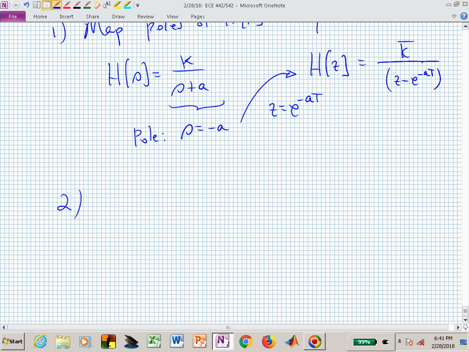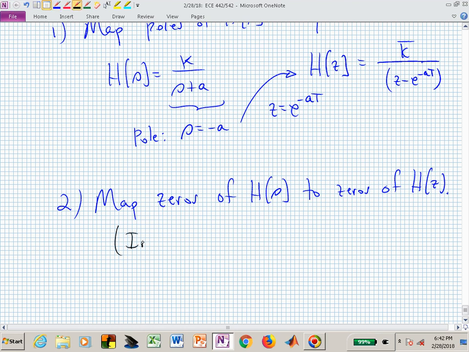We would map it through z is equal to e to the sT. So here we map zeros of H of S to zeros of H of Z. And that's sort of the caveat.